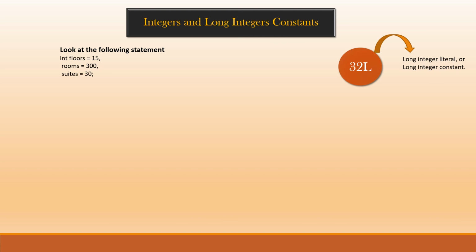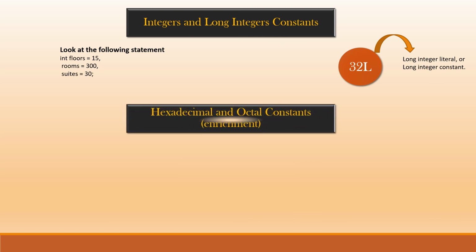So next comes hexadecimal and octal constants. Programmers commonly express values in numbering systems other than decimal or base 10. Hexadecimal, base 16, and octal, base 8, are popular because they make certain programming tasks much more convenient than decimal numbers do. By default, C++ assumes that all integer constants are expressed in decimal.